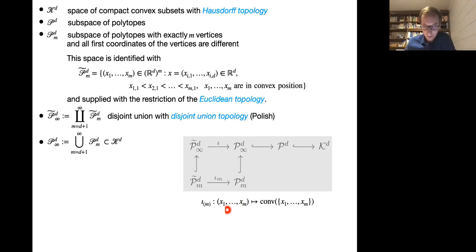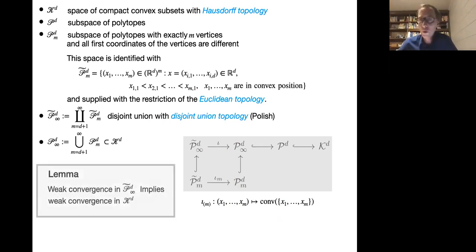If you have points in Euclidean space, you just form the convex hull, and then you go from m-tuples of points in Euclidean space to polytopes. These are the canonical identifications that you have between these spaces. And given the topological structures that we put onto these spaces, these identification maps become continuous. This is the first step.